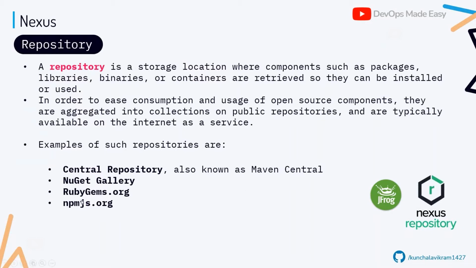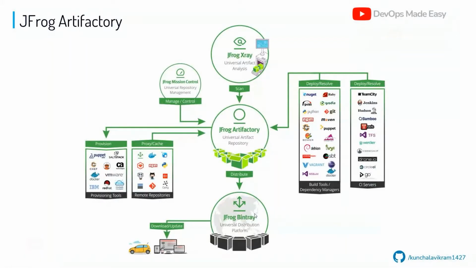So any of these repositories support almost all the repository types internally, like Maven Central Repository, Ruby, npm, Docker. All these are supported by artifact stores like Nexus or JFrog. If you take this JFrog Artifactory comparison, JFrog also has various software like JFrog Xray for scanning the images, and JFrog Artifactory just like our Nexus repository.